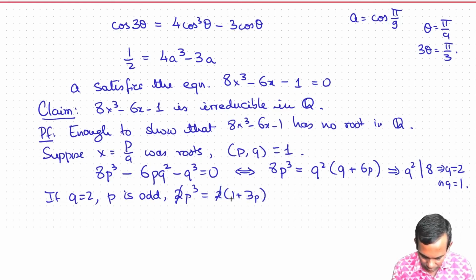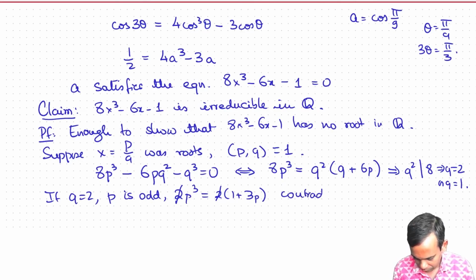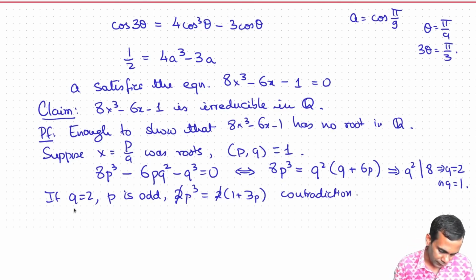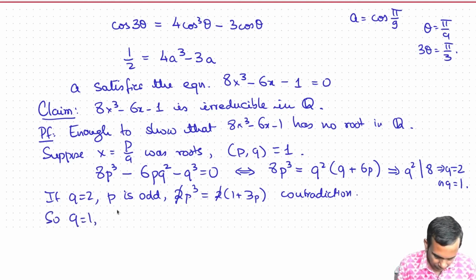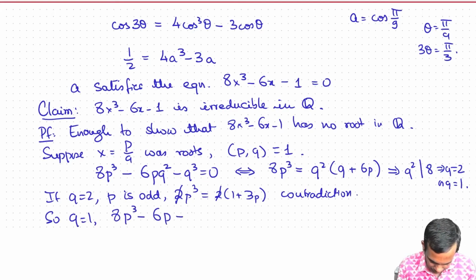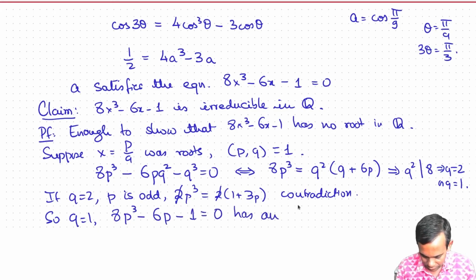But p is odd, then 1 plus 3p is even, but p cubed is odd. So this is a contradiction. So it's not possible that q is 2, that means q is 1, which means that 8p cubed minus 6p minus 1 equal to 0 has an integer solution in p.